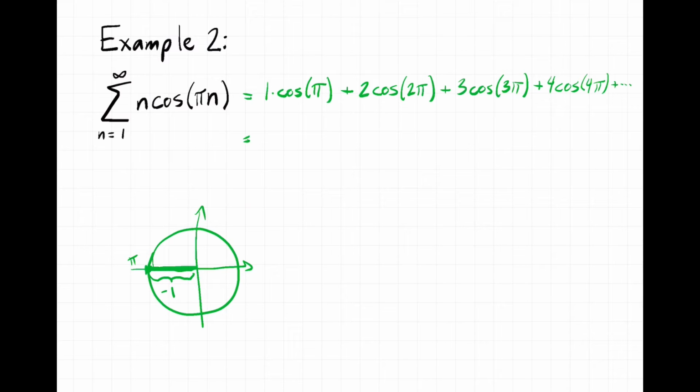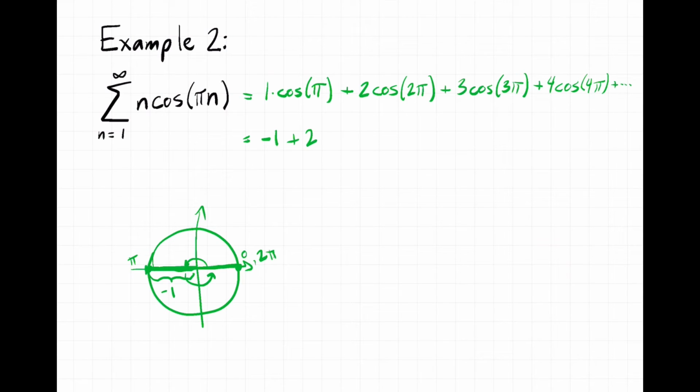So we actually have -1. Now, we're going to look at the cosine of 2 pi, so if you start here at 0, pi is 1/2 the circle, 2 pi is twice the circle, so here's 2 pi, not equal to 0, but the same position on the circle, it's out here. And what is the cosine of this? That's +1, so we're going to have plus 2 times that is 2.